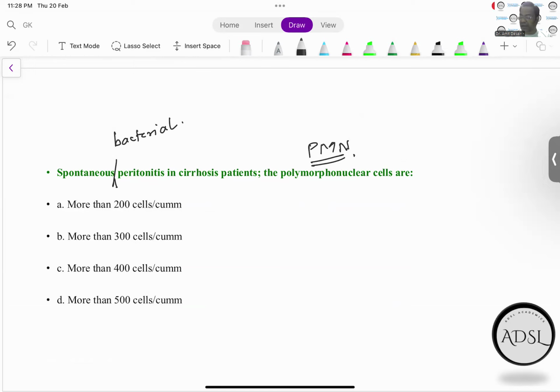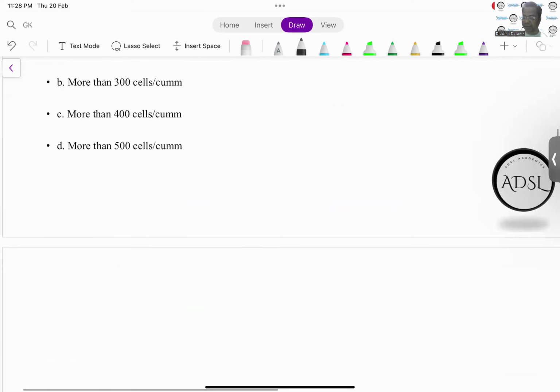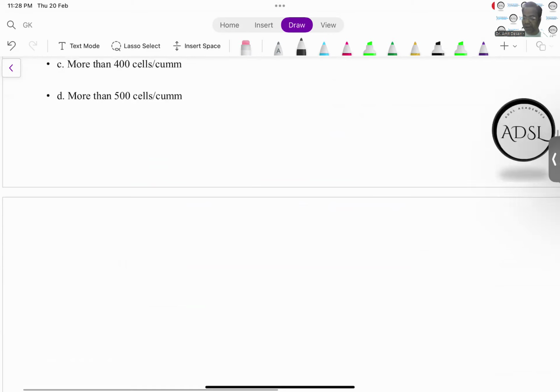All right. Now let us first see what is spontaneous bacterial peritonitis. Very often we give it as an abbreviation SBP, spontaneous bacterial peritonitis. And most often this is a complication of ascites that we usually see in a patient of cirrhosis of liver.